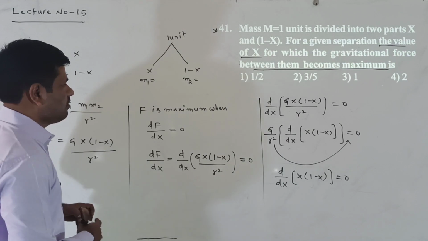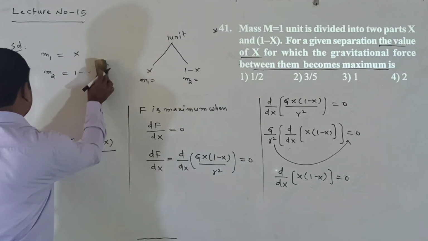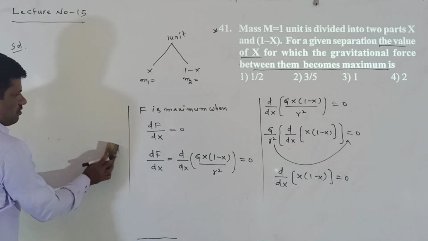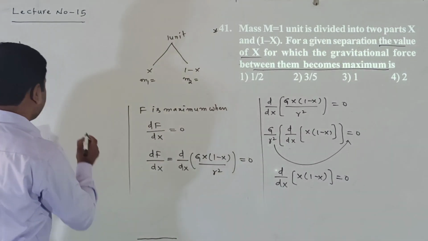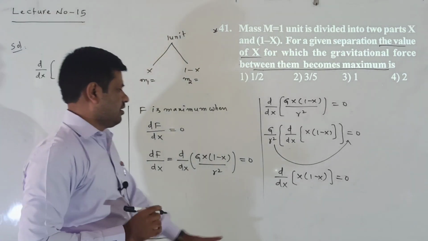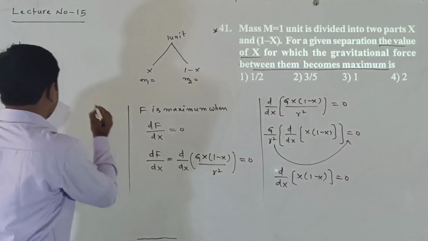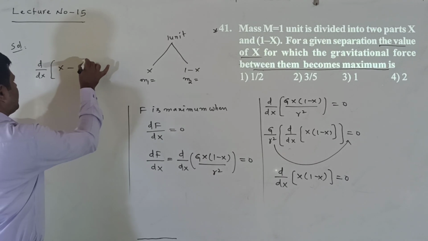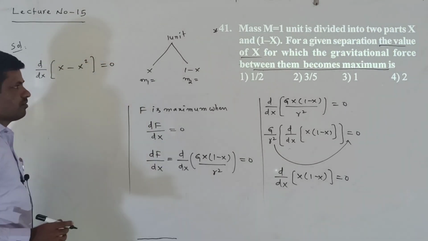Now I am making here d by dx of, multiplying this out, x into 1 is x, x into x is x square, equal to 0.